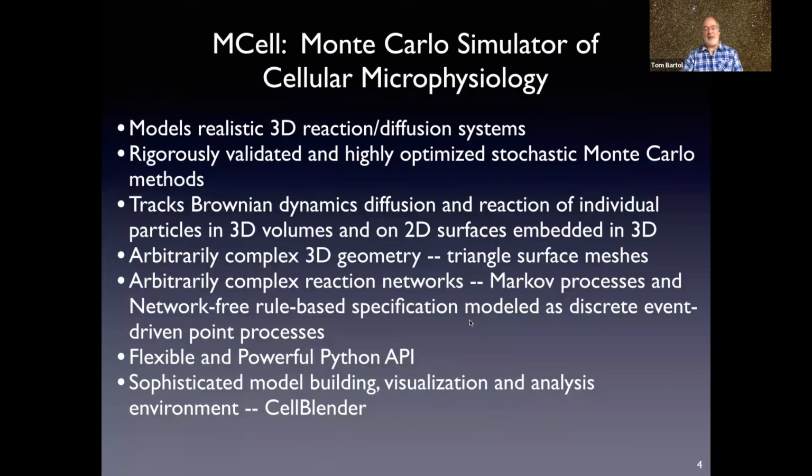And these are modeled as discrete event driven point processes using the network-free method that Jim already introduced yesterday. And all of this is possible due to a flexible and powerful Python API.